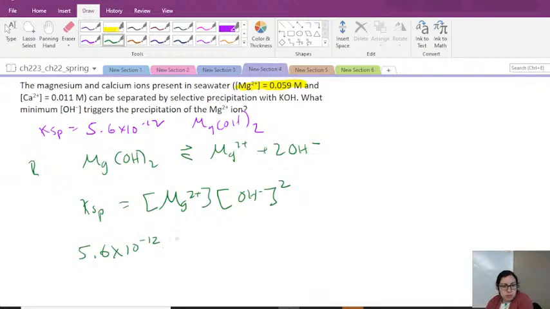5.6 times 10 to the negative 12 is equal to 0.059 times s squared, or x squared, whatever variable we want to use.